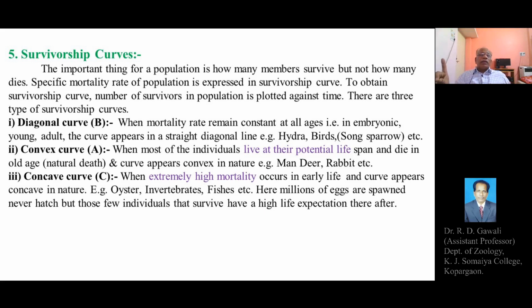So in natural death, the survivorship curve appears convex. For example, in man, deer, rabbit, etc.